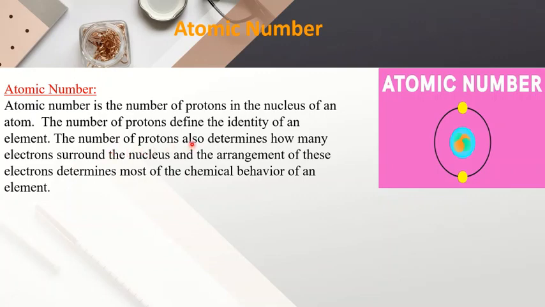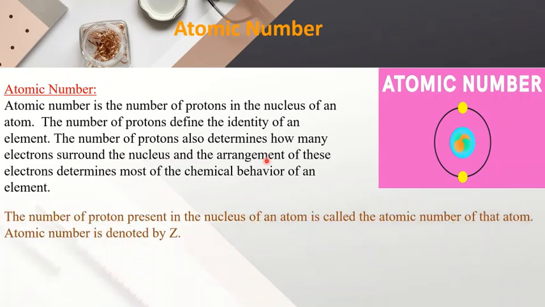The number of protons also determines how many electrons surround the nucleus, and the arrangement of these electrons determines most of the chemical behavior of an element. That means atomic number decides many things. Atomic number decides proton number, electron number, electronic arrangement, and by this electronic arrangement, the behavior or the properties of an atom is decided.